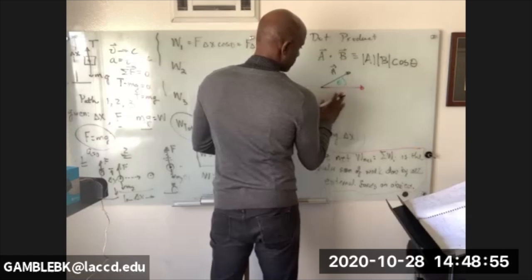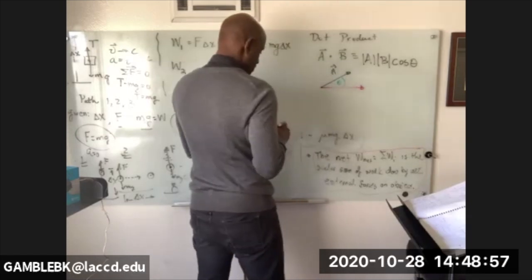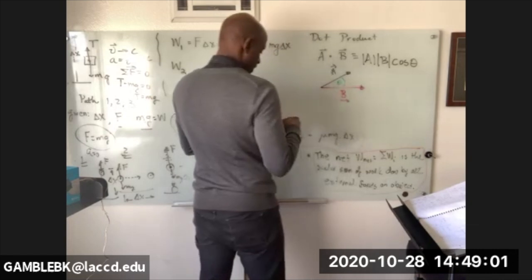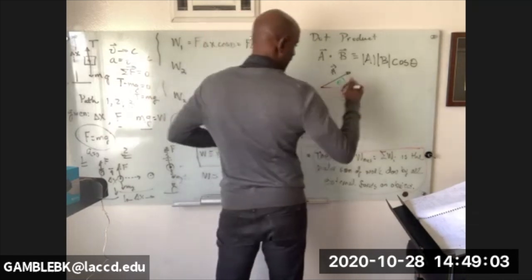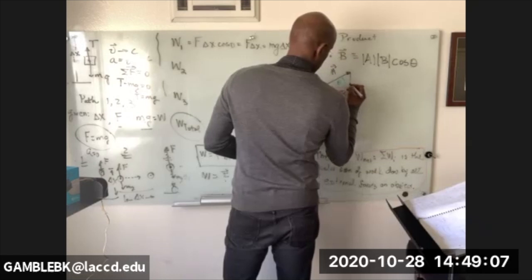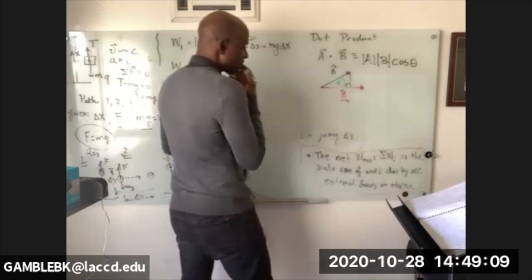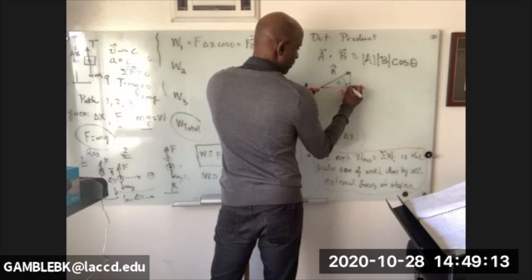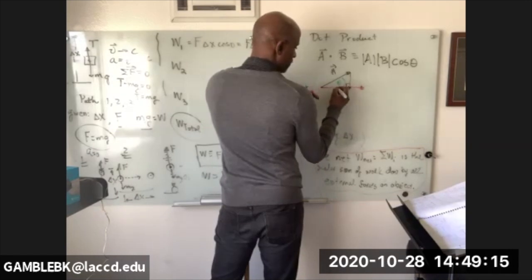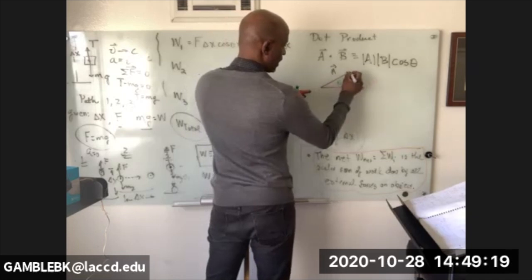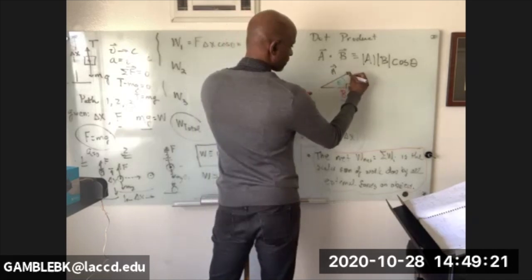That's B. I'm going to drop a perpendicular of A onto B, and it could be done either way relative to the other. If I do that, there's a projection of A onto B, which would look something like that. But I also have a perpendicular component of A, which is this one right here.